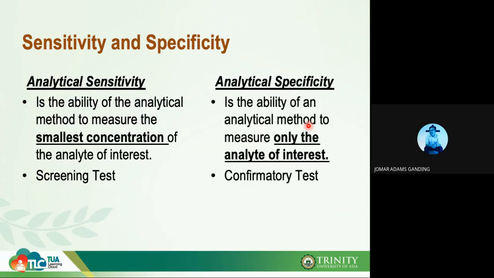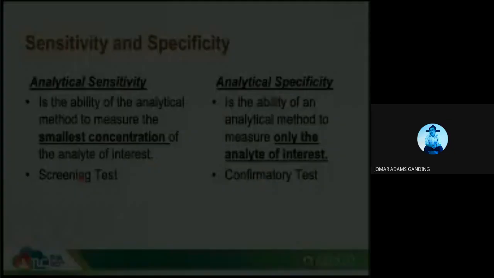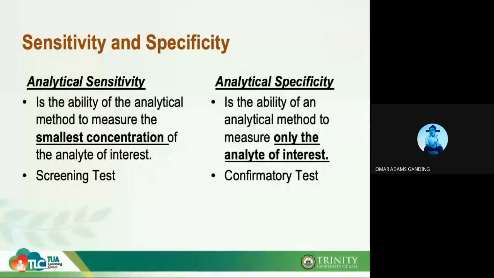Let me give you an analogy. Your screening test should be able to measure the smallest or the least concentration of your analyte. Take for example COVID-19. For a screening test, we need a test that has a high sensitivity. Why?